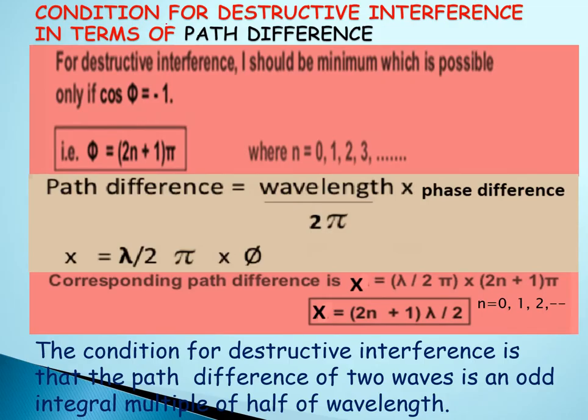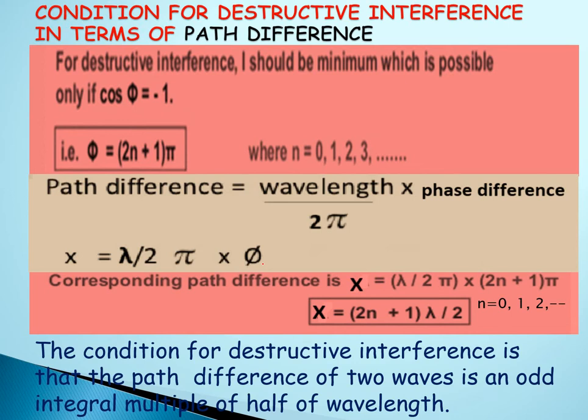Now we are going to derive the condition for destructive interference in terms of path difference. So once again I have written this. Cos phi should be minus 1, phi should be (2n plus 1) pi, where n is equal to 0, 1, 2, 3. Then the relation between path difference and phase difference: path difference is equal to wavelength by 2 pi into phase difference, lambda by 2 pi into phi.